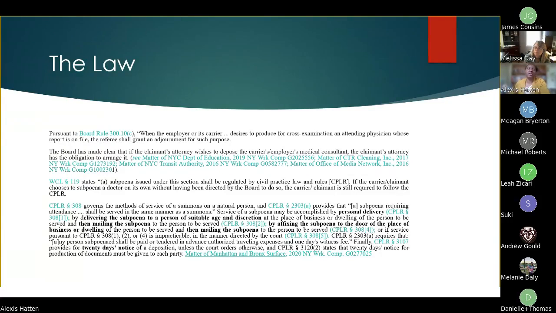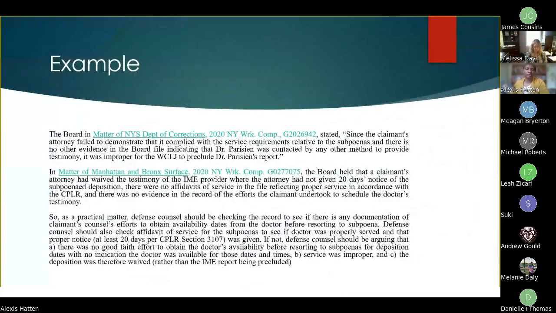So we typically will argue that the subpoena is defective and that the doctor's failure to appear does not warrant preclusion of the IME report. And the board has agreed with our stance on that since the claimant attorney failed to demonstrate it complied with the service requirements relative to subpoenas, and there is no other evidence in the board file indicating that the doctor was contacted by any other method to provide testimony, it was improper for the judge to preclude the report.